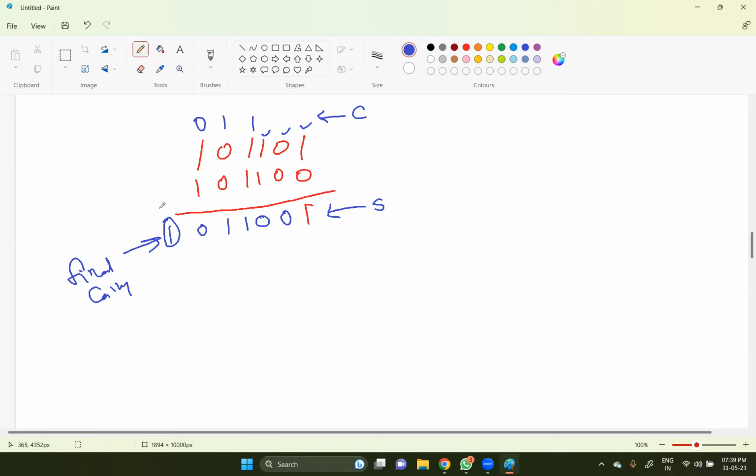So how could these get added together here? Let me consider this is A, and this is B. All these are C ins, and this is the final carry.